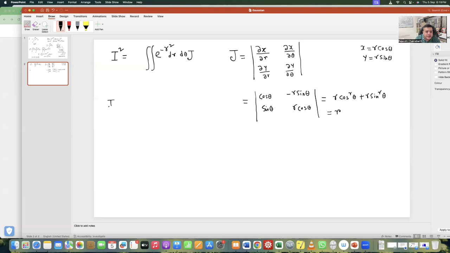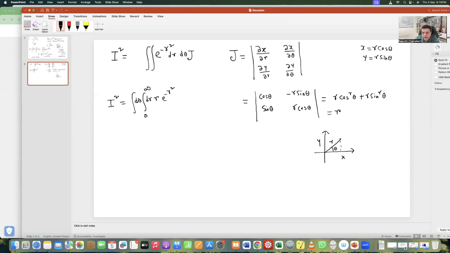So the integral I square is now nothing but the integral of r times exponential of minus r square. What are the limits? The limits of r are from 0 to infinity. What is the limit for theta? Remember, we had this picture in mind. This is x, this is y, this is r, and this is theta.